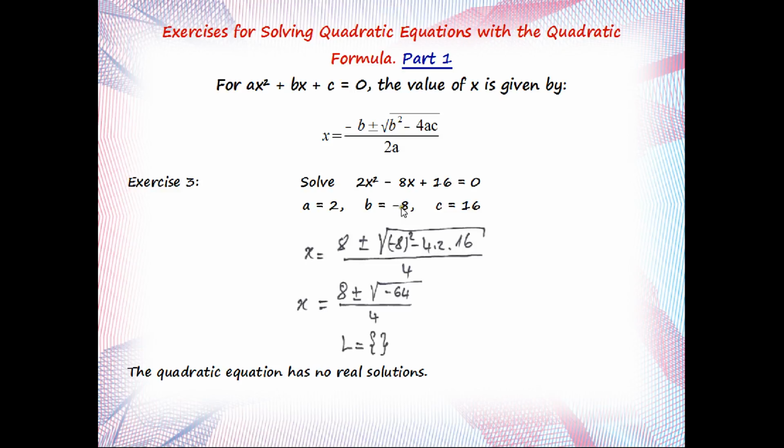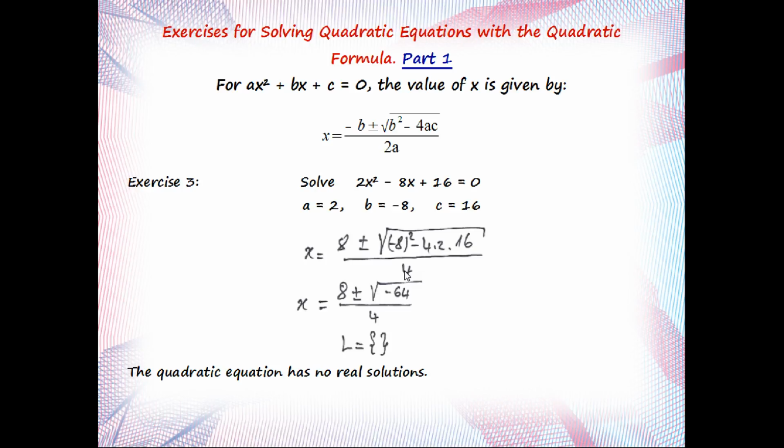B is −8, so (−8)² minus 4 times a, which is 2, times c, which is 16, all of that over 2a. A is 2, so over 4.